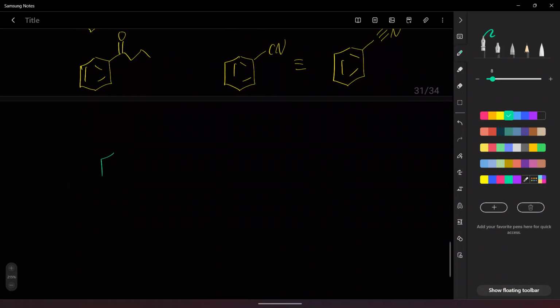Because if I have benzene, I can draw a resonance structure where electron density gets pulled out of the benzene ring.